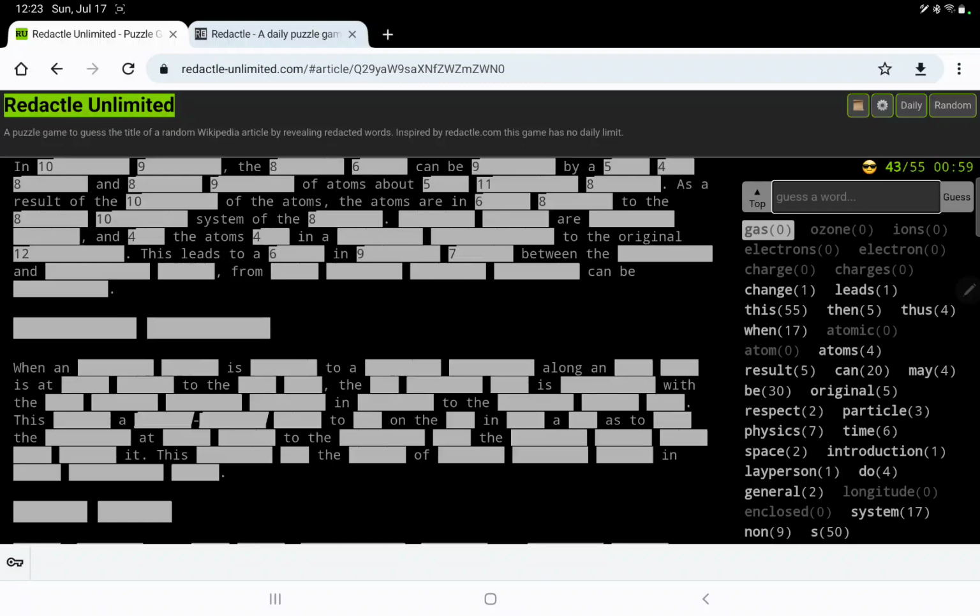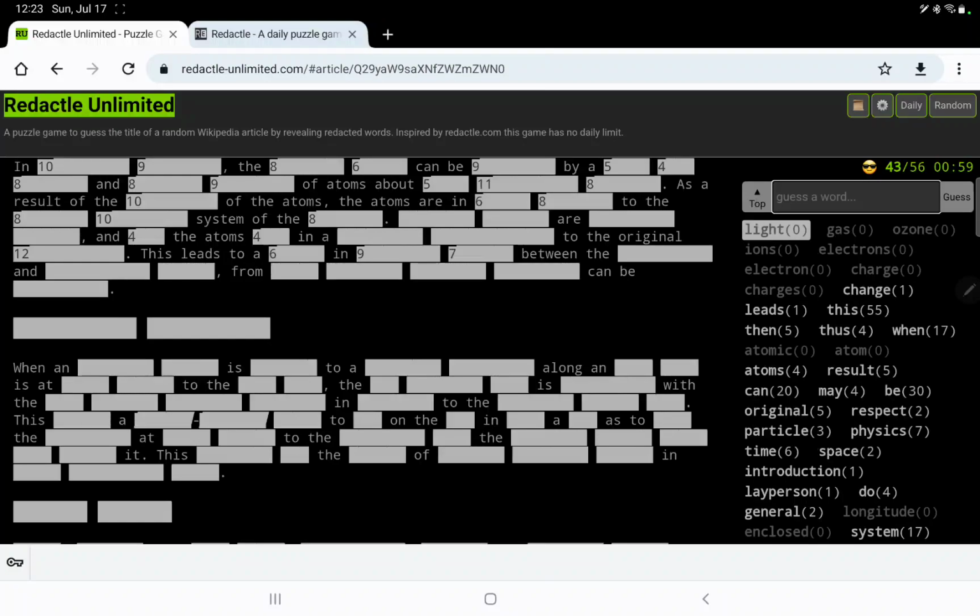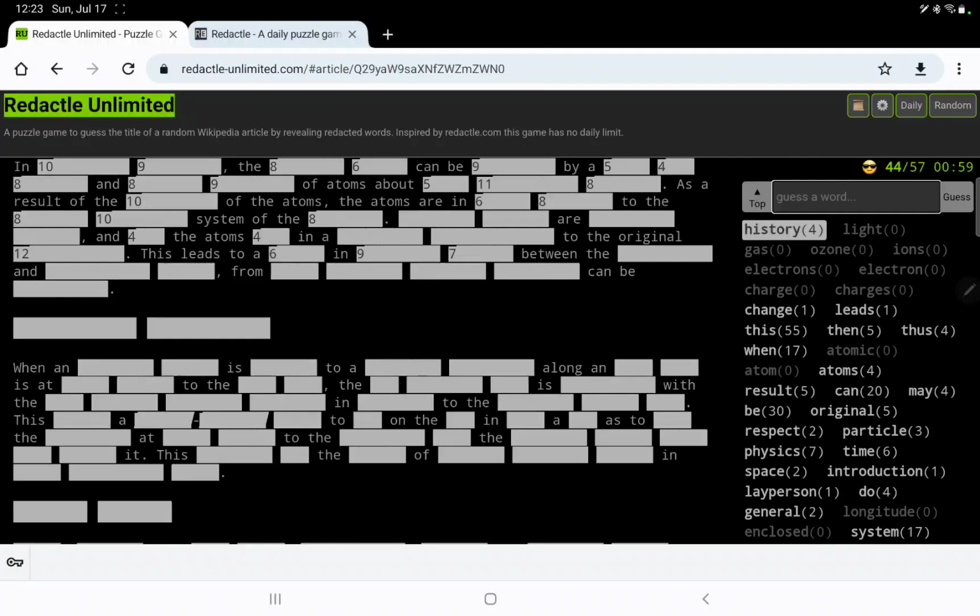No gas. Light? No light. Let's do some history, maybe. Is there a history section? Well, that's a book of the history. The something history of the.